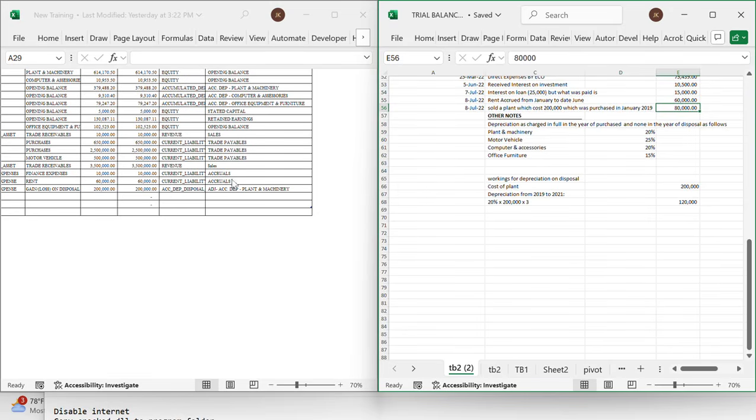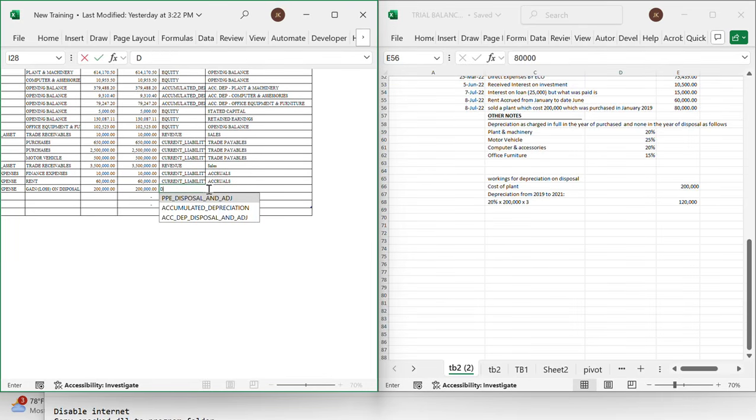I think I need to correct this. This one shouldn't be disposal, but rather the cost element of disposal, PPE disposal. This refers to the cost element, so it shouldn't be the depreciation. We are rather debiting, sorry, we are rather crediting the assets disposed, right?